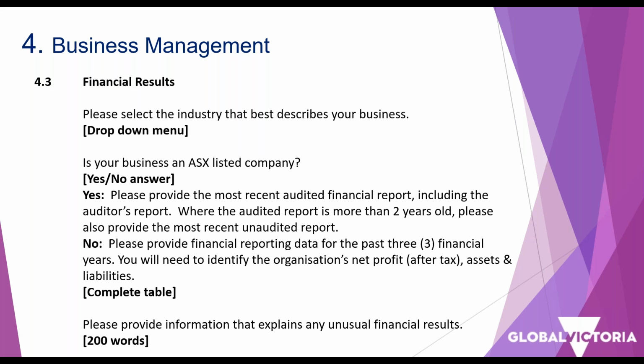Now, once you've completed your application table or you've provided your audited reports in the case of an ASX listed company, you have a section where you can provide information that explains any unusual financial results, and you're allowed 200 words. Now, unusual financial results are not necessarily negative.